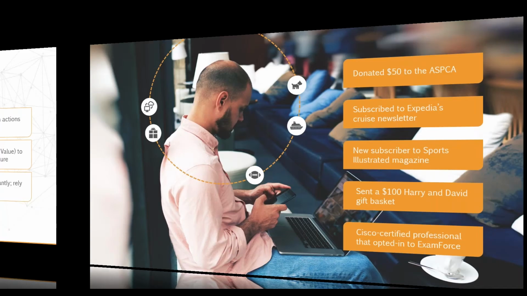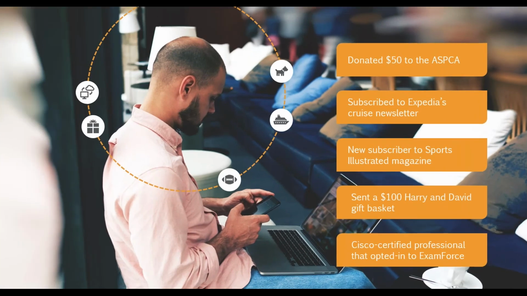So some examples of response data would be when we're talking about a business. So potentially you might want to reach businesses because you want them to send a certain product that you may have to offer to their customers. So what we can obtain is, well, we can know if they sent a $100 Harry and David gift basket. Now that can be a consumer, it could be a business.